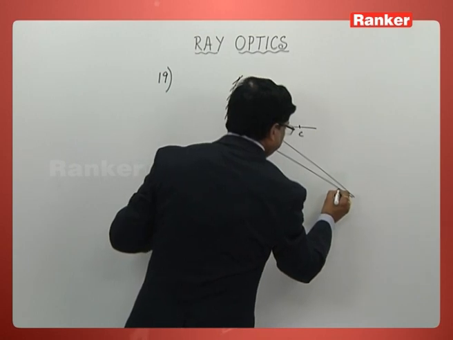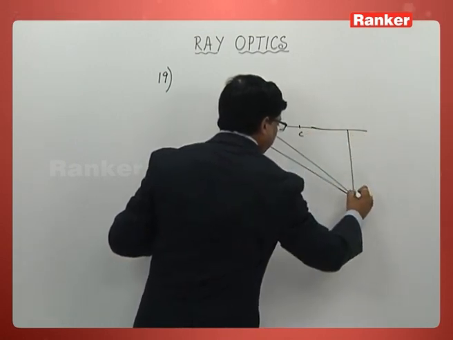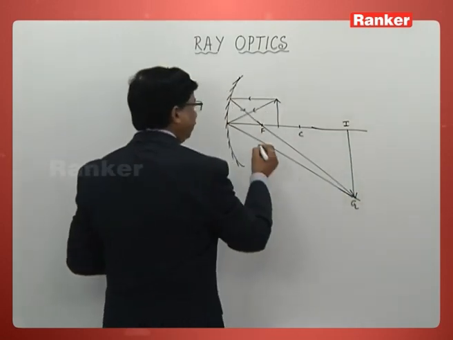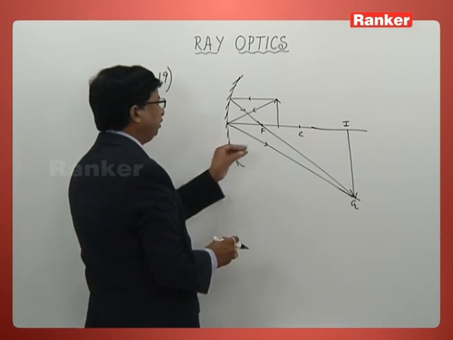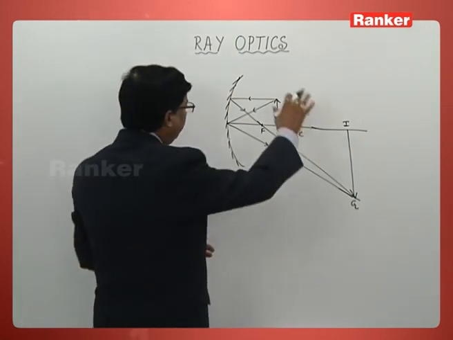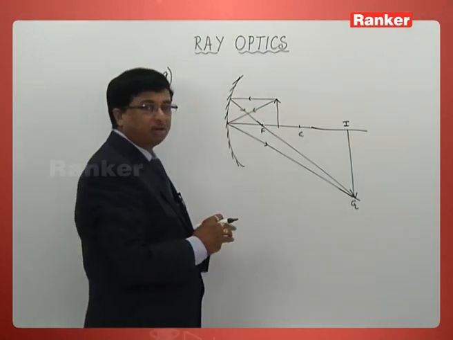The image will now be formed somewhere here. Therefore, we can say this is a real image, inverted by nature, enlarged by nature, all the important features related to the image we can give. This is one of the cases out of the 6 we are having as far as the concave mirror is concerned.